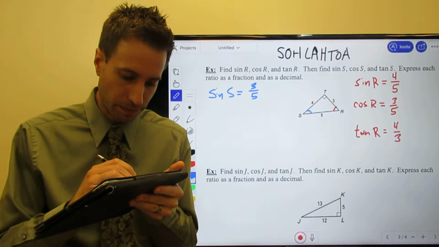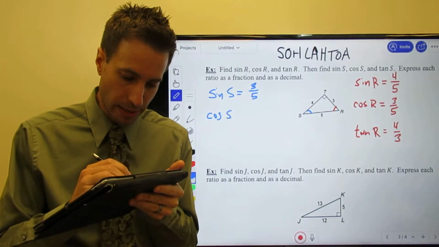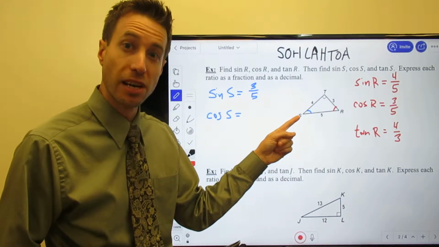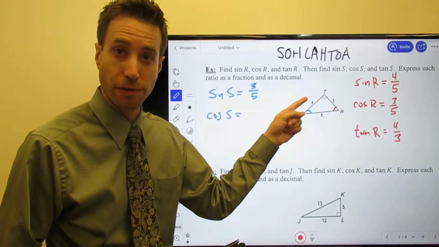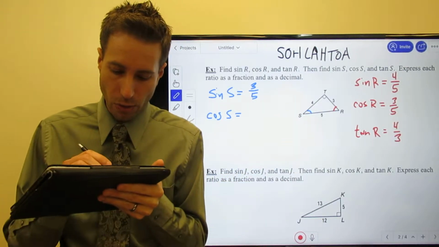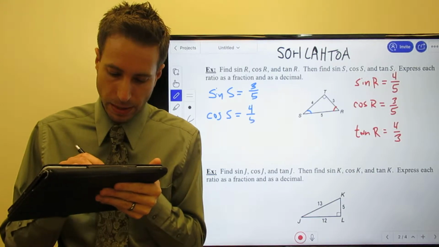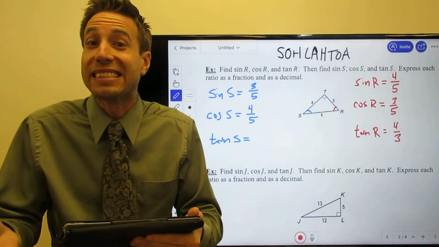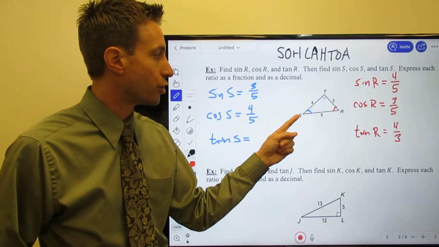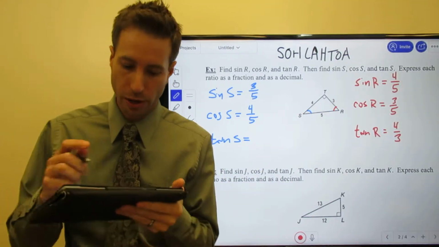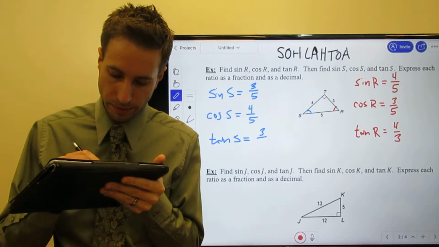Okay, cosine. Cosine S. Well, cosine is adjacent over hypotenuse. Here's angle S. The adjacent side is right next to it, 4. Hypotenuse is still 5. So 4 over 5. And tangent. Again, tangent is opposite over adjacent. Here's S, opposite is 3, adjacent is 4, 3 over 4.